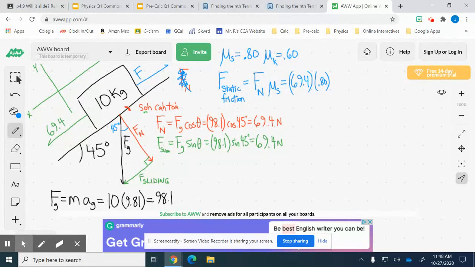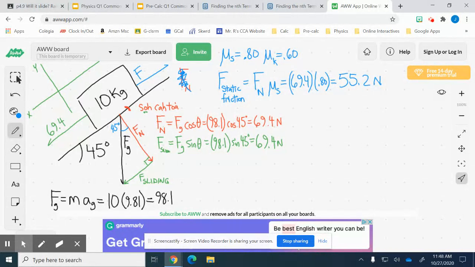So this is going to give us the force of static friction. 69.4 times 0.8 equals 55.2 newtons.